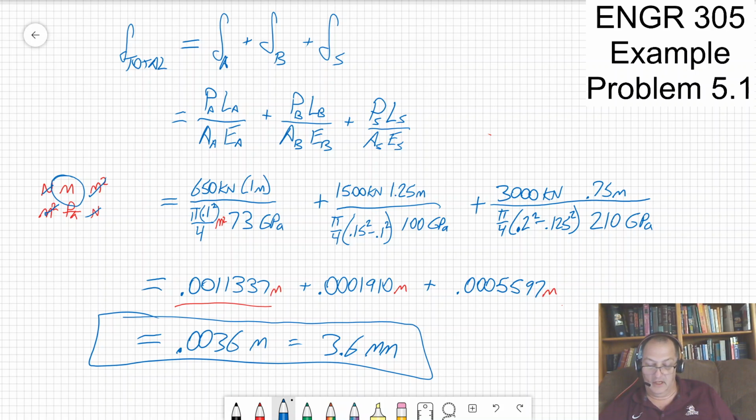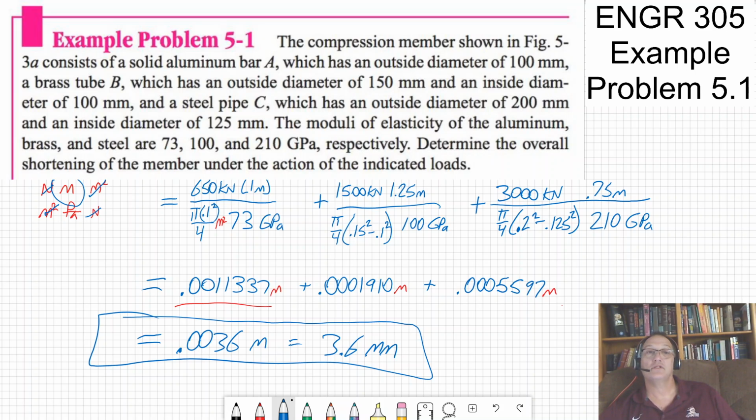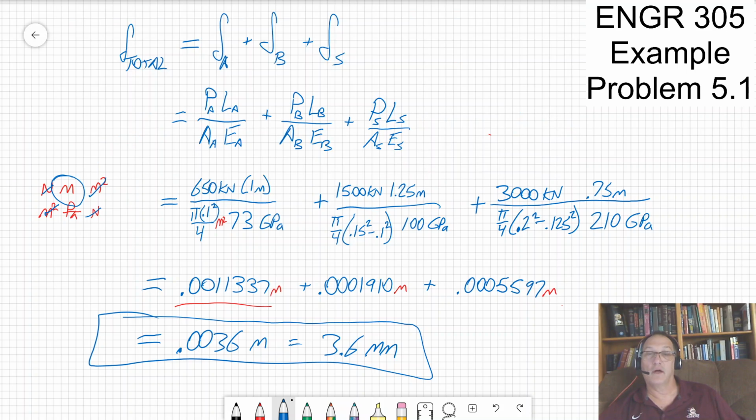Now, if you're paying attention and playing along in the book, you're going to see that they have the deflection as negative. Maybe I should look back at the problem statement. Determine the overall shortening. Well, it's 3.6. What they did is they looked at the force in their figure, the wedding cake, and said, "Hey, that's in the negative direction."